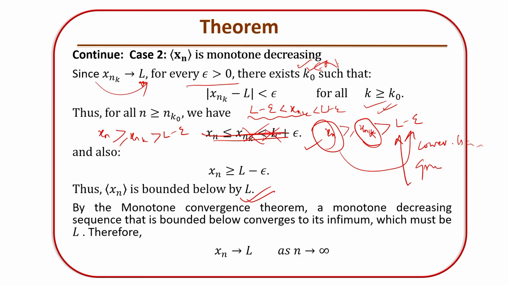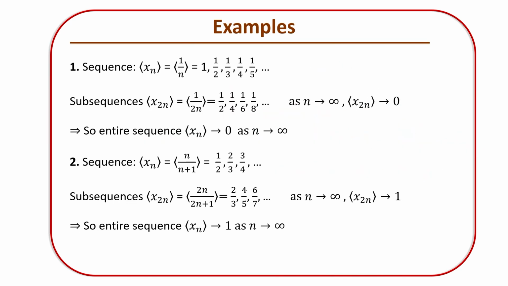That means x_n is bounded below, and the greatest lower bound is L. The earlier line was wrong; the right one is x_n greater than or equal to x_{n_k} greater than L minus epsilon, for every n greater than n_{k0}. So it is bounded below, and by the monotone convergence theorem, every monotonically decreasing sequence having a lower bound converges to its greatest lower bound, that is the infimum.